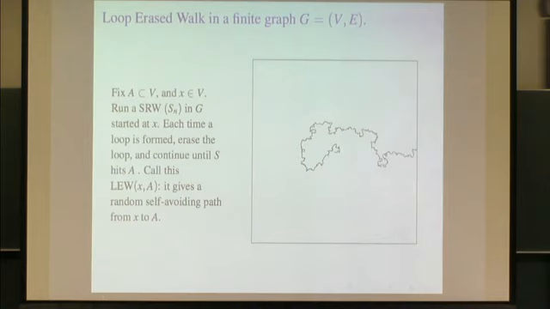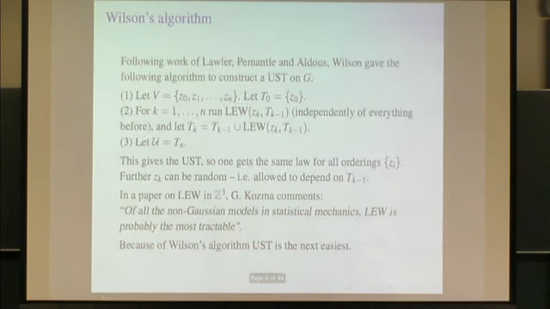At the end, you'll have got a path going from x to the subset A, and because you've erased all the loops, what you've got is a self-avoiding path. So we're going to call that LE(W^x_A). It gives you a random self-avoiding path from x to A.